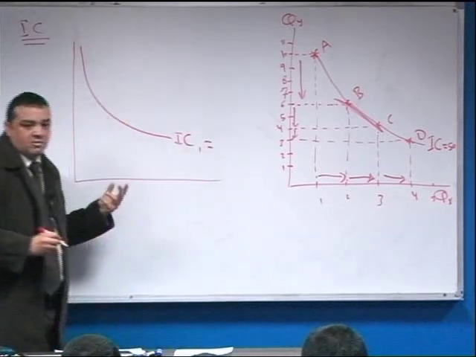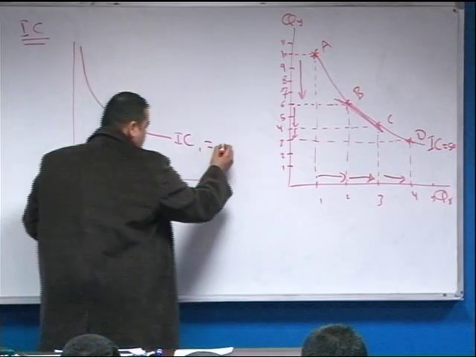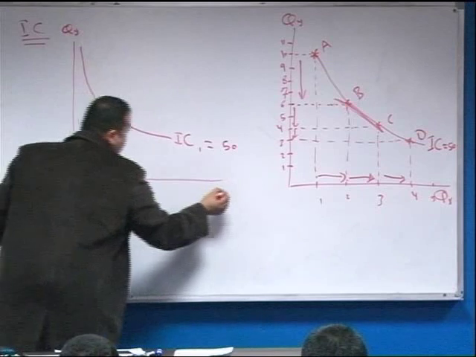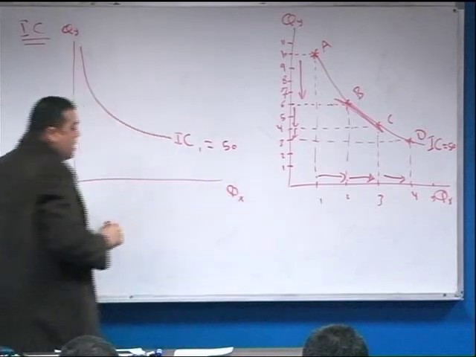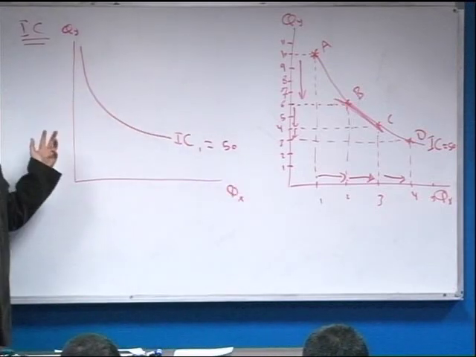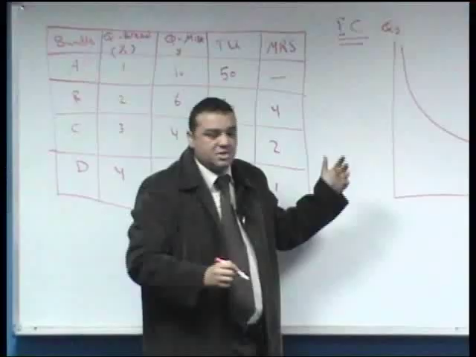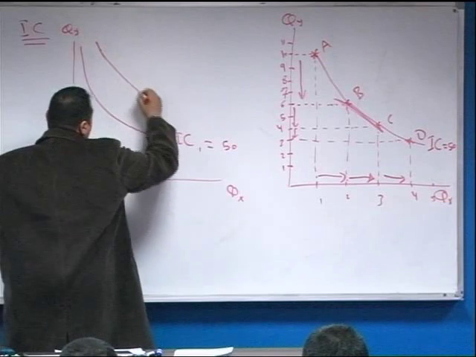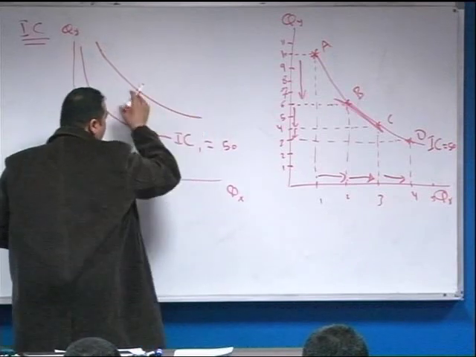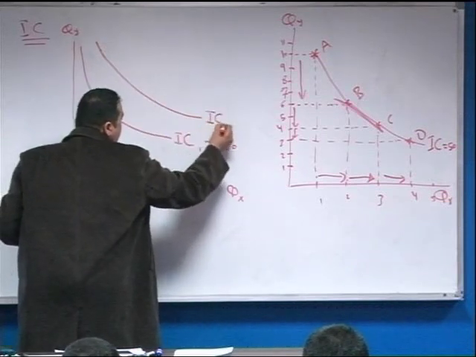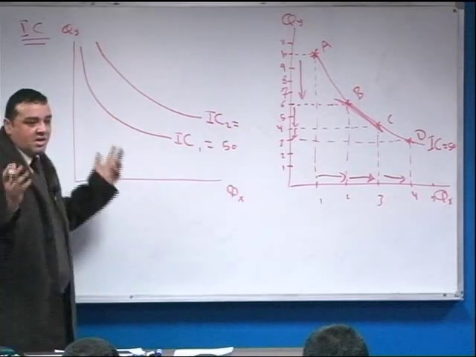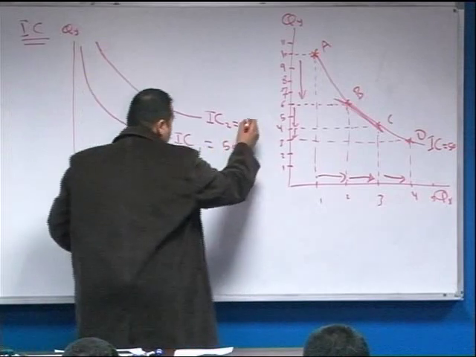It gives the consumer 50 utils, QY, QX. If the consumer increases his consumption with additional units of X and Y, we have a new indifference curve. This is IC2. Suppose it gives the consumer 60 utils.